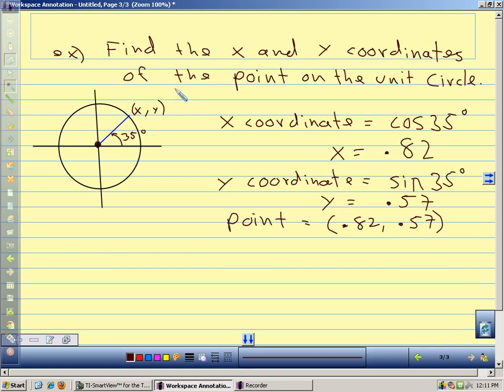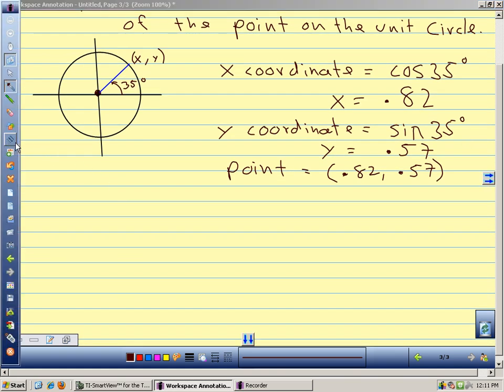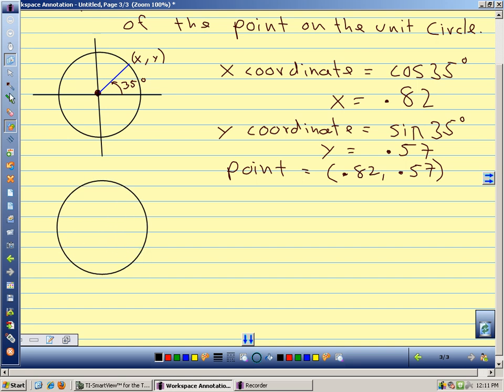Questions on that example? All right, let's look at another one. So here's our circle for this one. Mark our center here, and our axes.